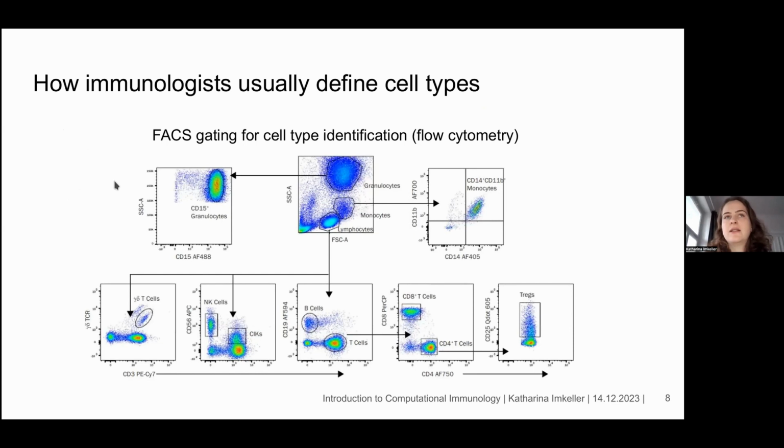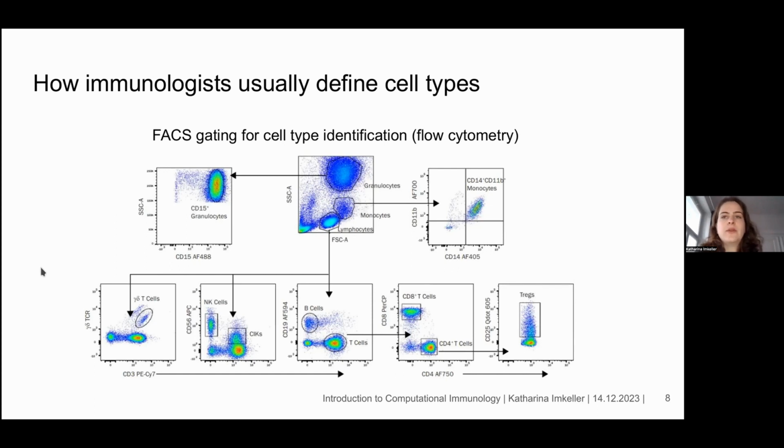You can set gates by segregating different expression patterns from each other, and you can thereby identify the cell types of interest, such as NK cells, B cells, T cells, all kinds of different immune cell types that exist. So this is how it is typically done and how it was also historically done.